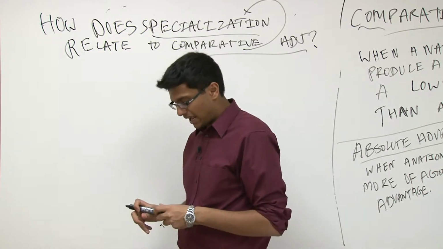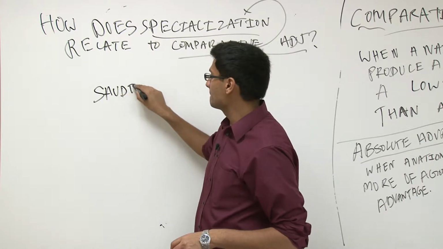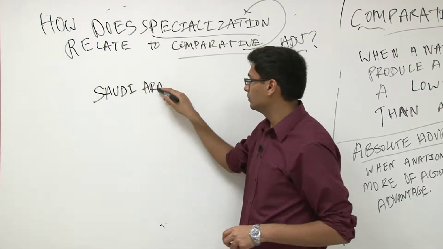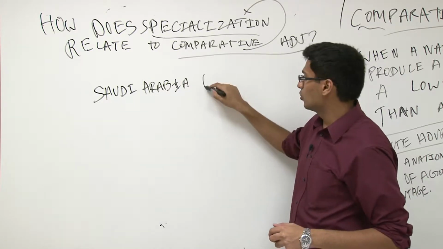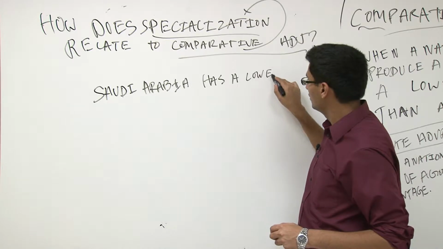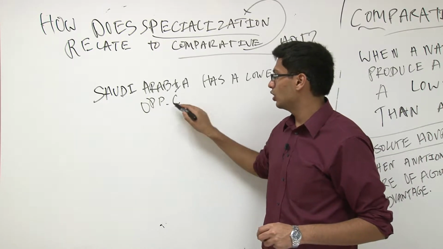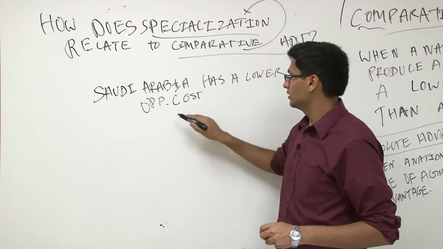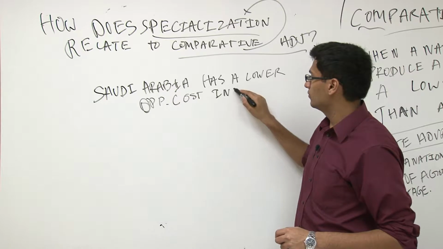Well, Saudi Arabia, as it turns out, has a lower opportunity cost, OPP cost, in making oil.